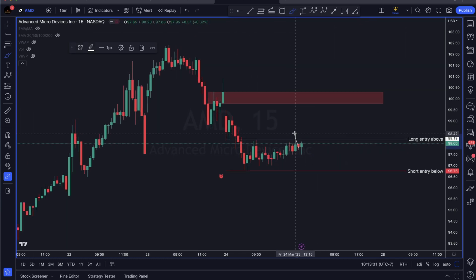So I'm going to be patient after breaking this level because I know there is no real supply zone, and there's only one supply above. So there's a high chance the price goes to this zone, and then we can see a rejection. Price goes there, tags the supply, and then my stop loss would be the prior swing highs.